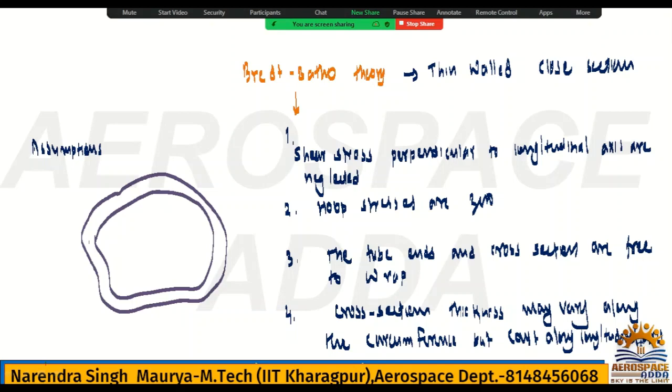So we have this inner boundary and this outer boundary. The thickness here is t. Anywhere in this section, we have a shear stress.